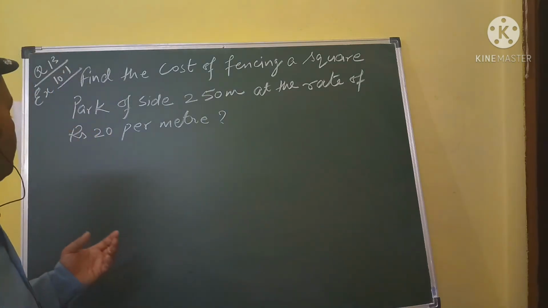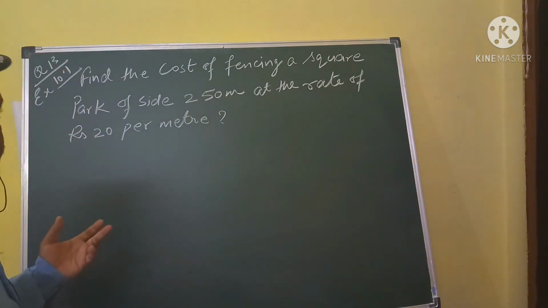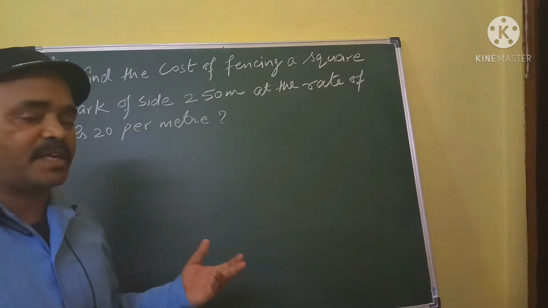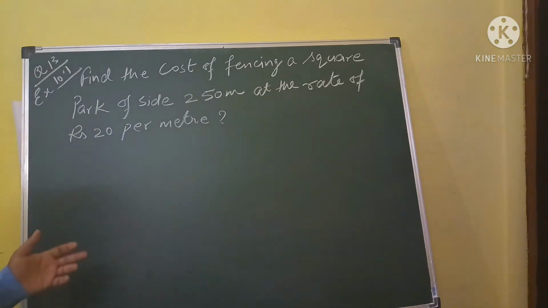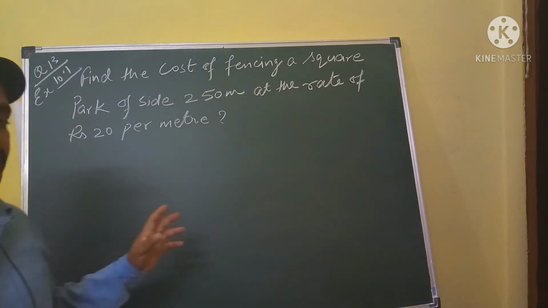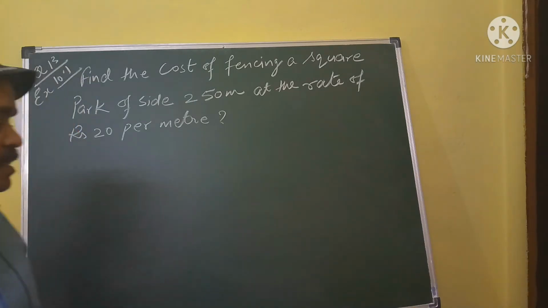Okay, so in this question we will apply the formula for the perimeter of a square. First we will find out the total length of the fencing.